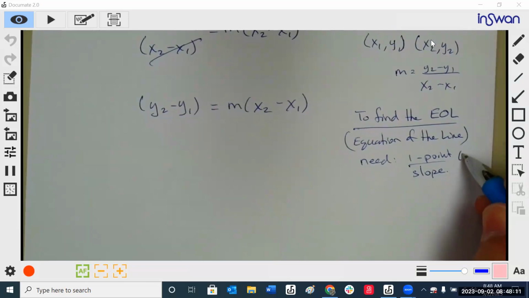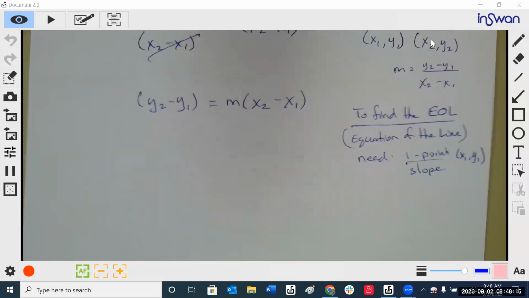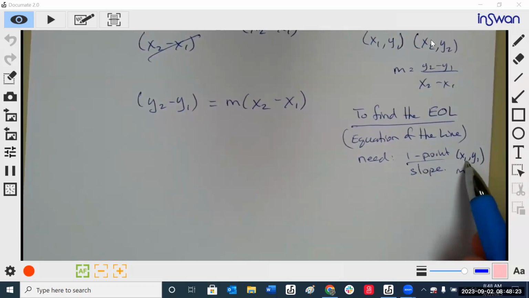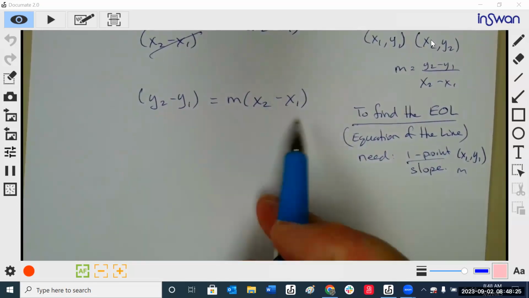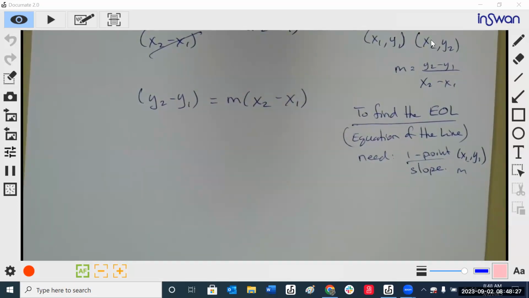That 1 point is x1, y1. Remember, you need a point and a slope. This one's M, and we'll call that x1, y1, because that's what we have in this equation. What do you do with x2 and y2?